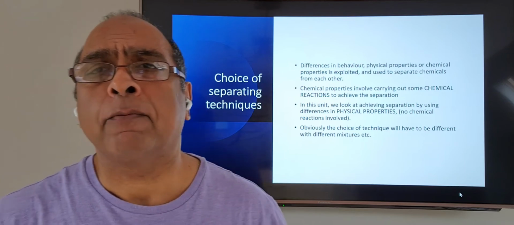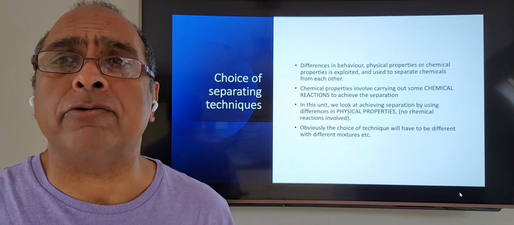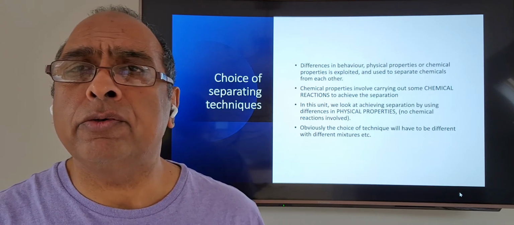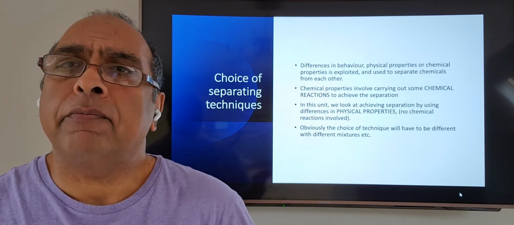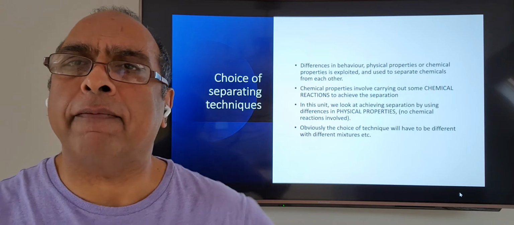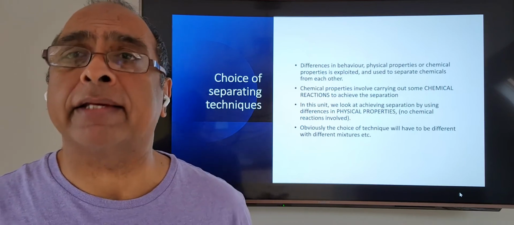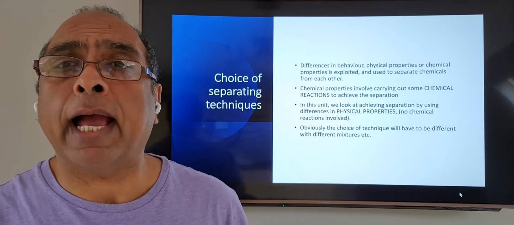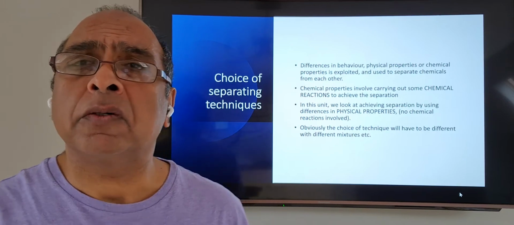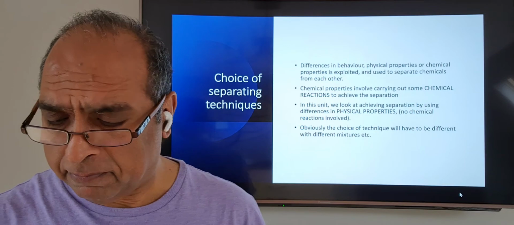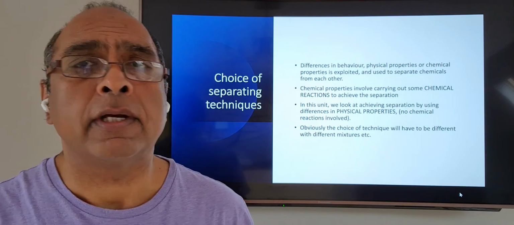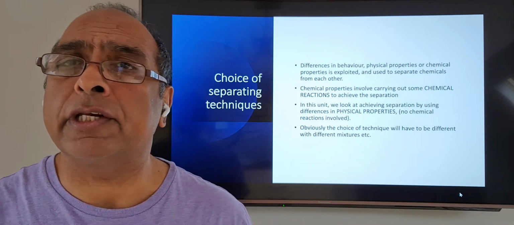That's like when we get on to A-level chemistry, we will use the reactions to separate them. And then after they've reacted, we'll react them to go back to what we originally had in order to separate them. So we're going to deal with physical techniques, using physical properties, and there are a few of these that you need to know about.